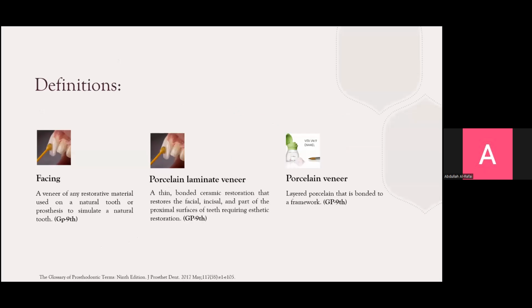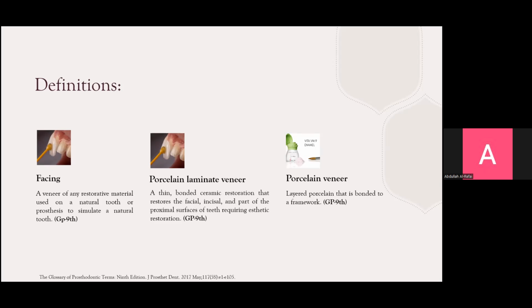In this slide, we will discuss the difference between three different definitions according to the Glossary of Prosthodontic Terms, 9th edition. First of all, facing is a general term. The glossary defines facing as a veneer of any restorative material used on the natural tooth structure or on a prosthesis in order to simulate a natural tooth.